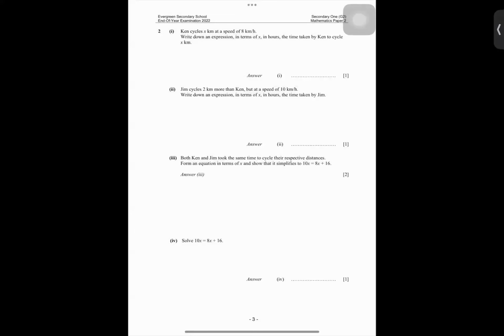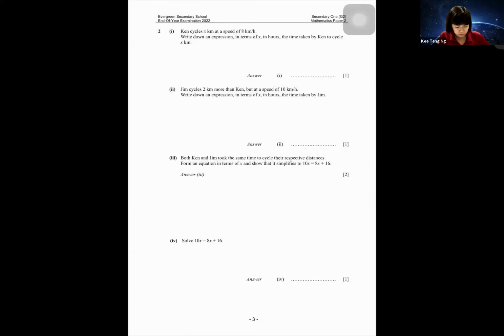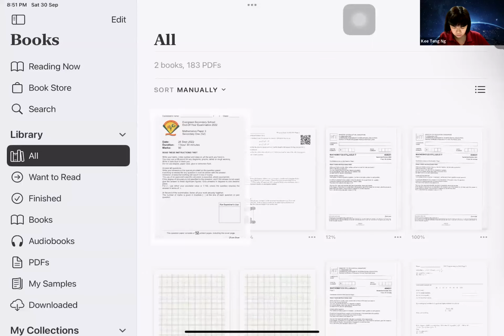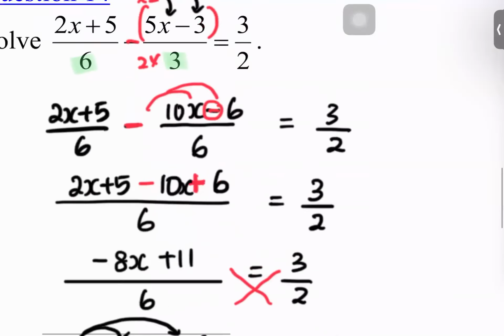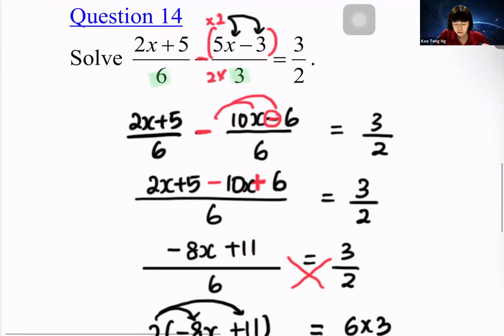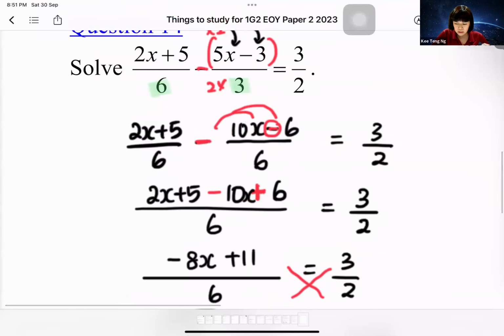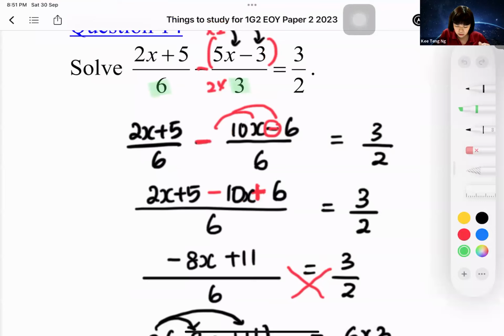So for the question 14, where you get the 11 from? Oh, do you change the sign? This one is minus, minus times minus. Negative times negative become plus, so it's positive 5 plus 6.